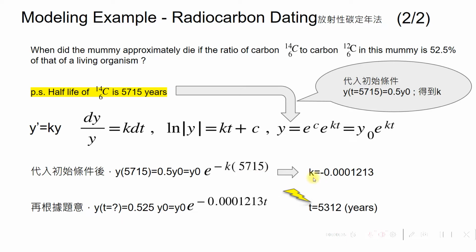So we get the k value. And then, as per the question, now k is known, and we want to know t, how many years for the radioactive carbon ratio to decay to 0.525. So finally we get t equals 5,312 years.